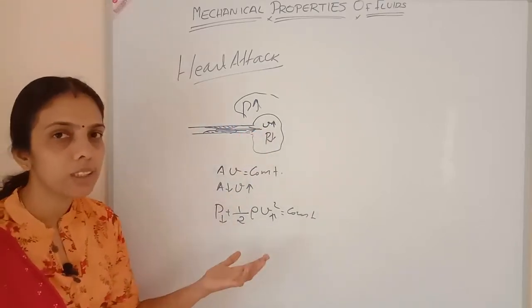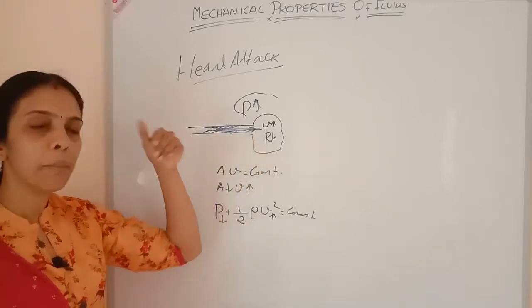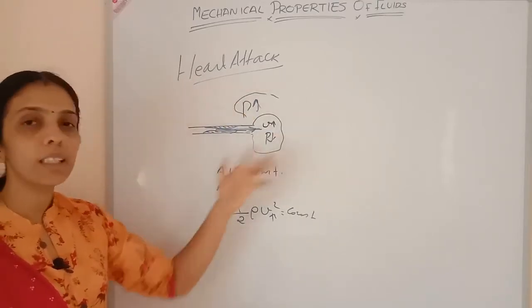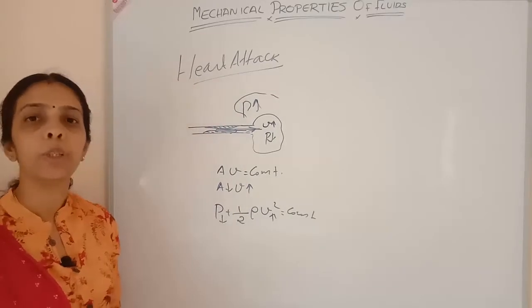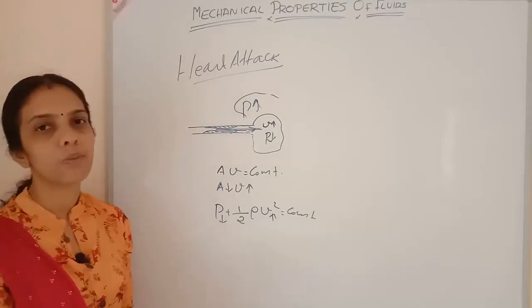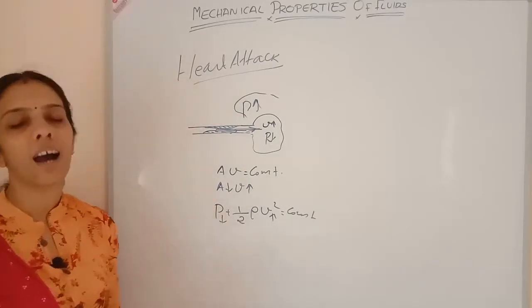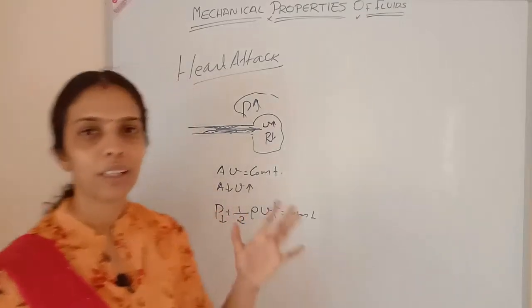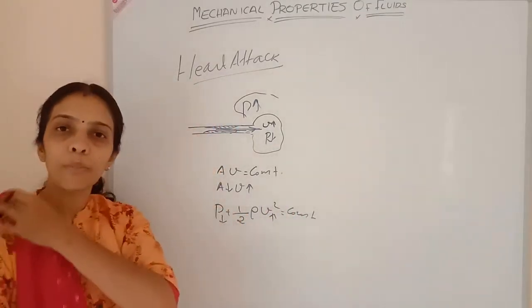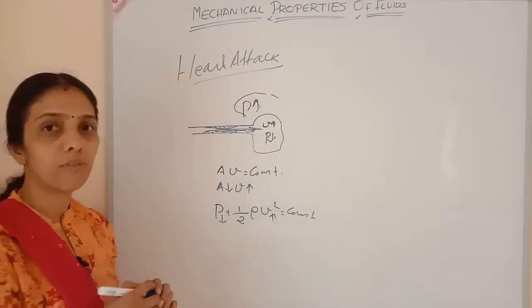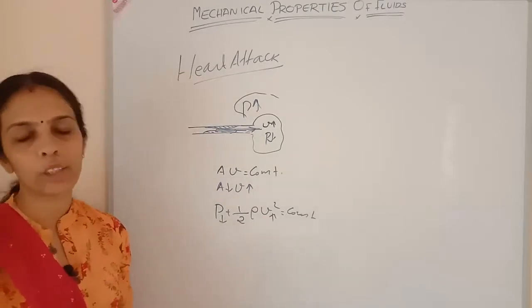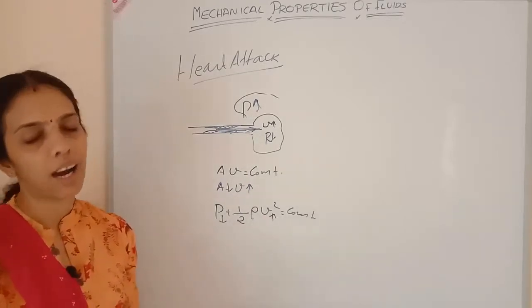As velocity is increasing, pressure will decrease, but the outside pressure will remain the same. Due to this variation of pressure, a heart attack will happen. Now you understood, right? Pressure is equally important, and this accumulation of fat is also equally important in the case of heart attacks.